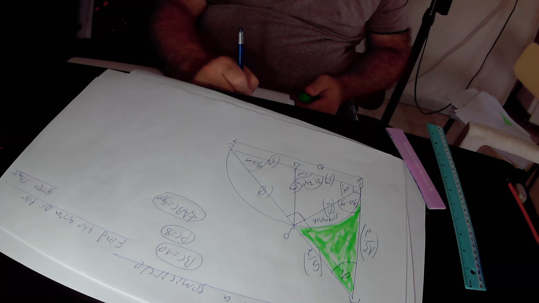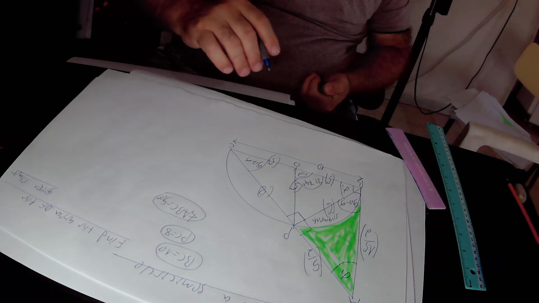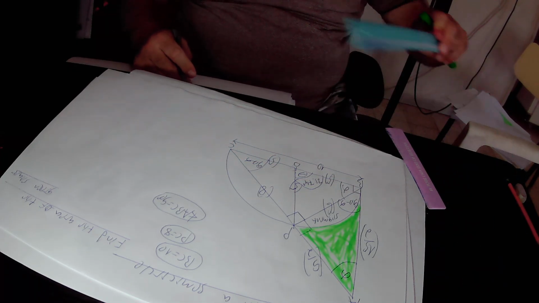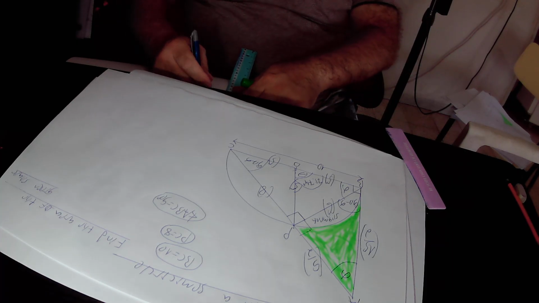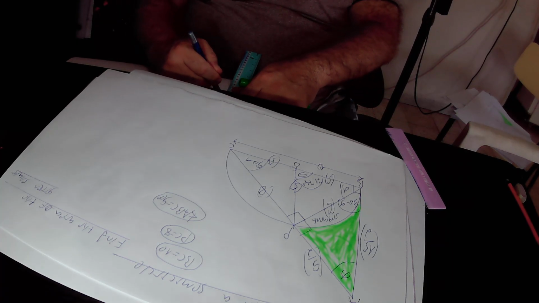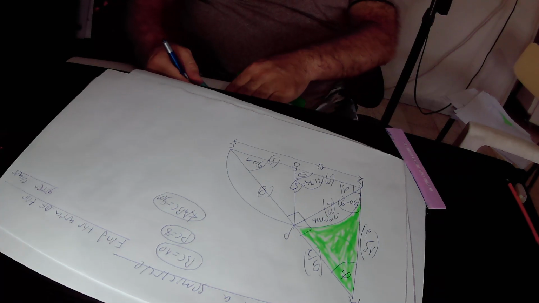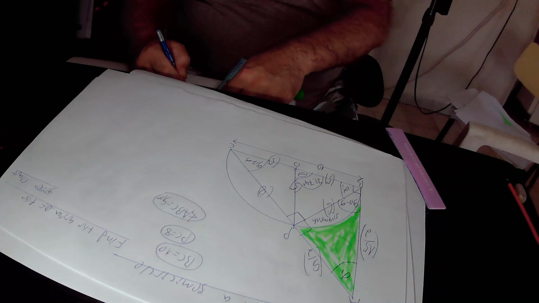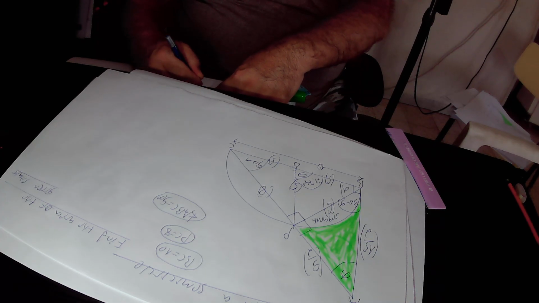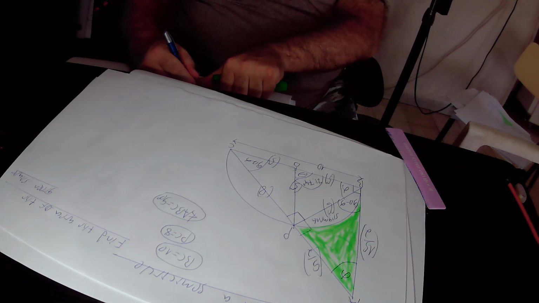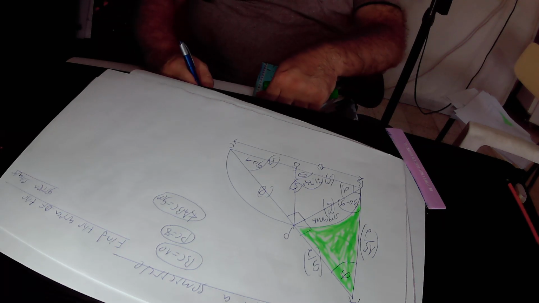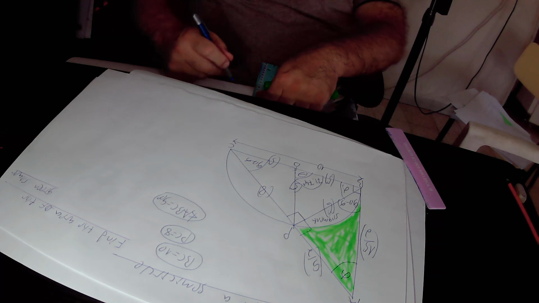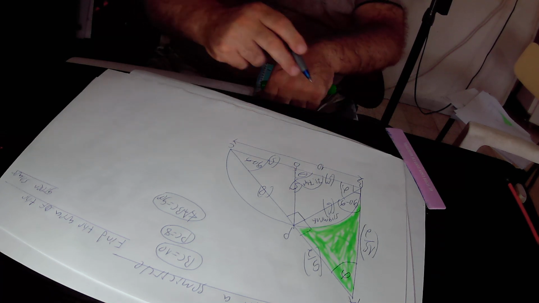The area of the green shape is equal to the area of the right triangle APB minus the area of segment BP.